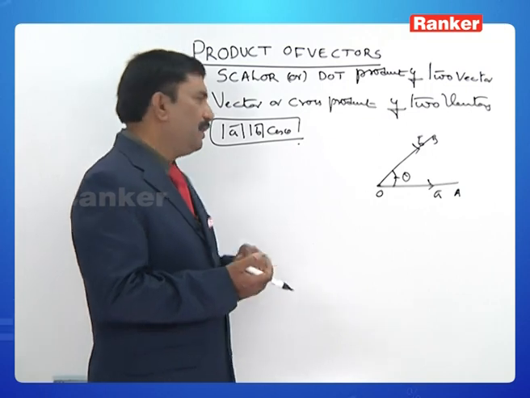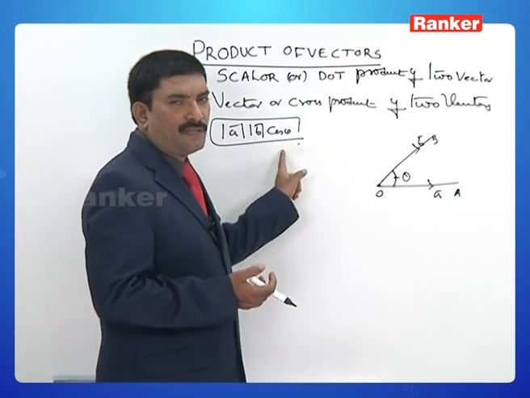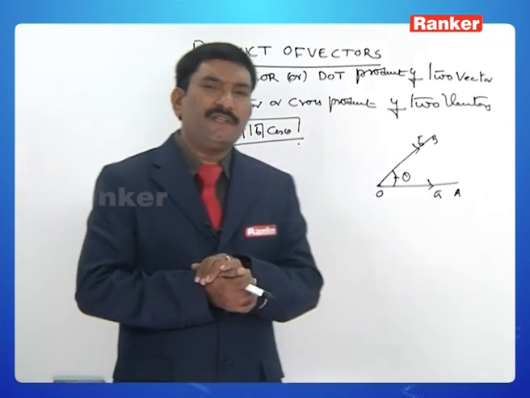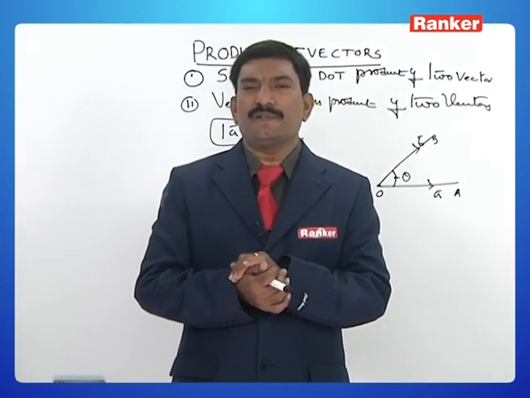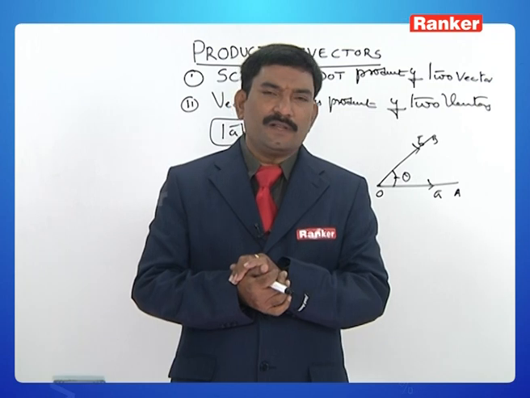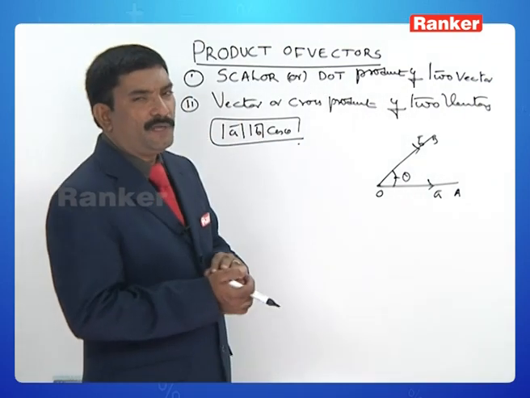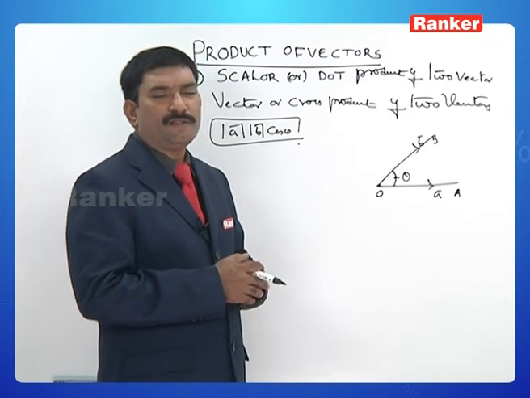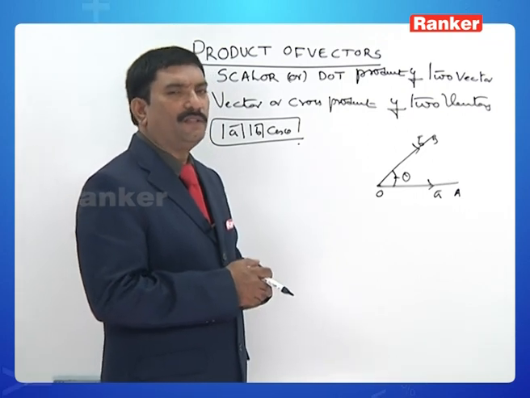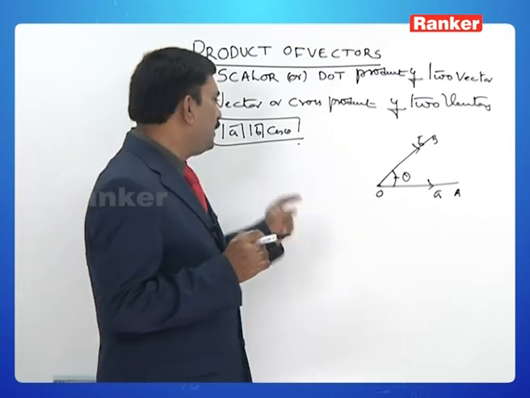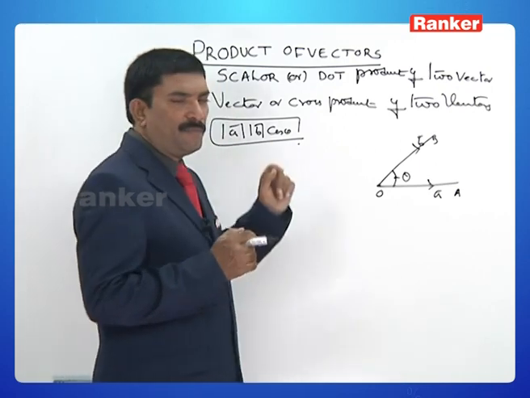Why scalar? This is a scalar, this is a scalar, this is a scalar. In particular, if I take theta equal to 30, cos 30 is root 3 by 2. For 60, cos 60 is 1 by 2. So all these, 1 by 2, root 3 by 2, 1 or 0, are nothing but scalars, real numbers. So the total value is a real number.